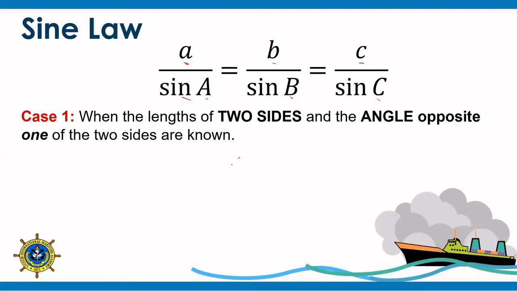So kung meron tayo rito oblique triangle, let's say this is your triangle ABC. Then this is your side a kasi opposite siya ng angle A. Then ito ang side b kasi opposite siya ng angle B. And then ito yung side c kasi opposite siya ng angle C. Now para hindi kayo malito, ang ginagamit natin parati na pinaka-format sa mga symbols is that capital letter po ang ginagamit natin whenever we are referring to the angle, and we're using a small letter, or lowercase letter, to represent the sides.